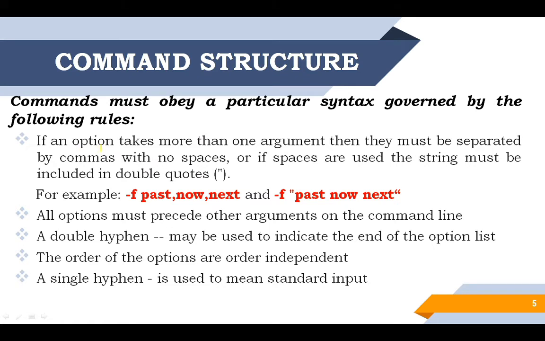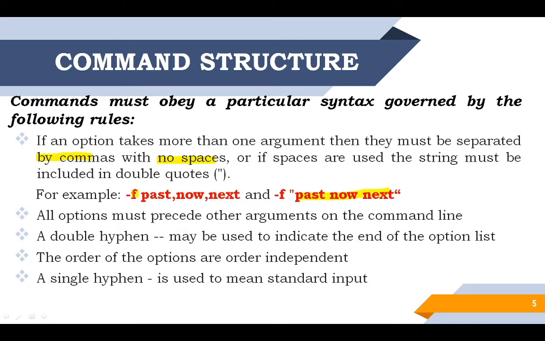Next, if an option takes more than one argument, then they must be separated by a comma with no space. Or if space is not provided, then the complete argument should be included within double quotes. Just see the example here.